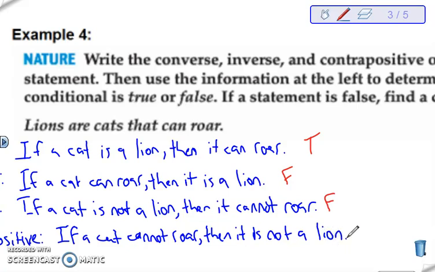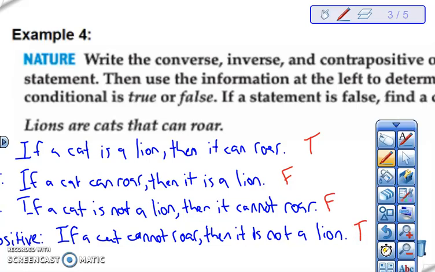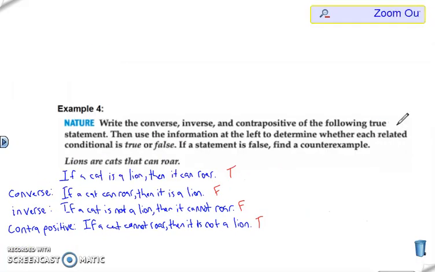So is that true? Well, yes, because all lions have to be able to roar, generally speaking. So if it can't roar, it's not a lion.